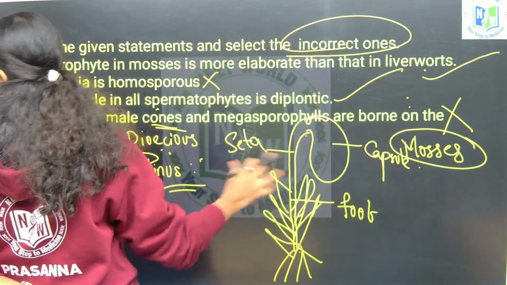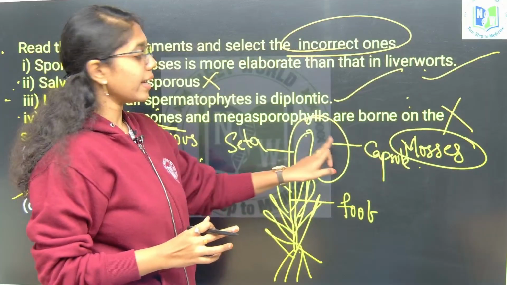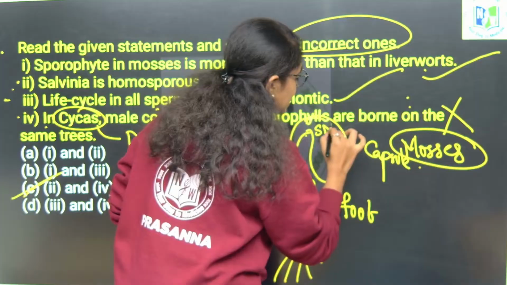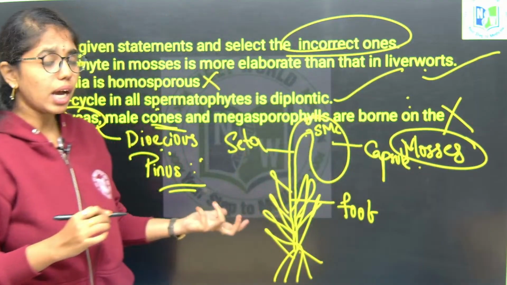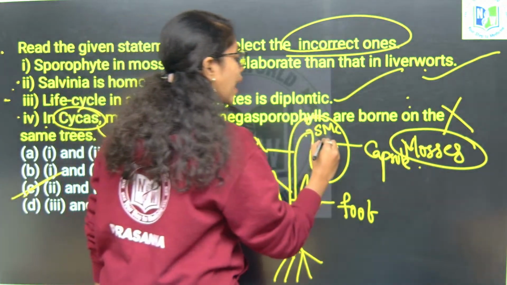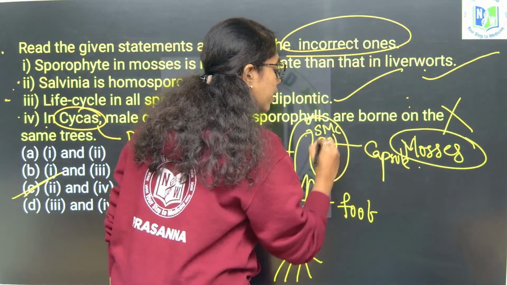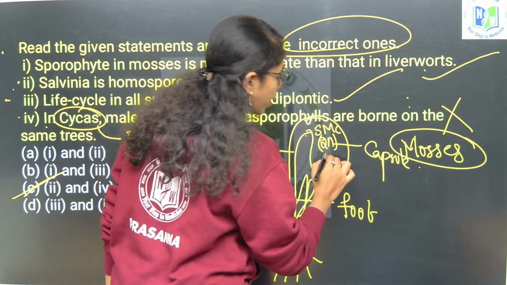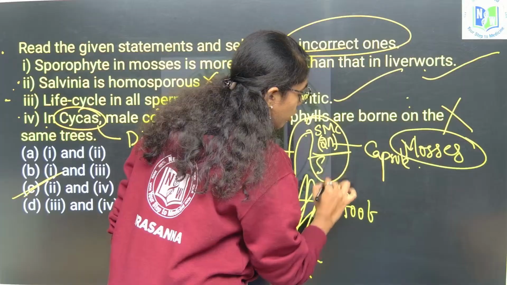Fine, ma? Till here it is clear? Foot, seta and capsule. Inside the capsule you have spore mother cells, or you can say sporangia. The spore mother cells present inside the capsule are diploid, and they will undergo sporic meiosis.